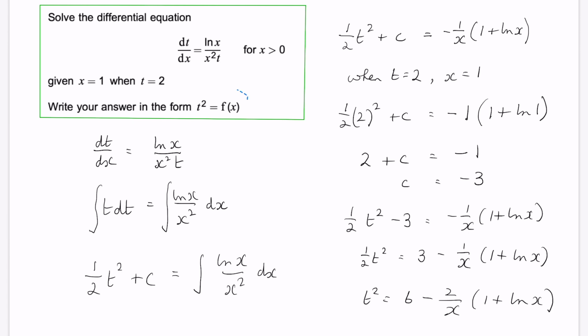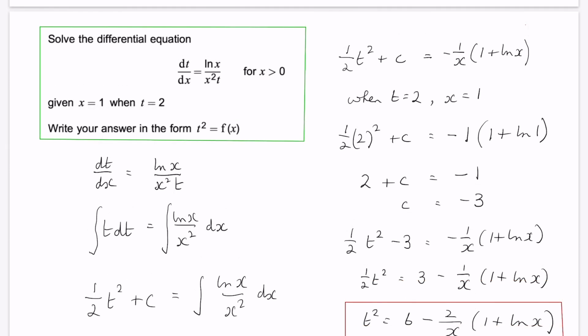Remember that we were told to write our answer in the form t squared equals f of x. If we left it there and rushed on to the next question, we'd lose the final mark, which is rather a pity. Okay, so my final answer I'm rather proud of. So I'm going to underline it. In fact, I'm going to do more than that. I'm going to surround it with a little red box.